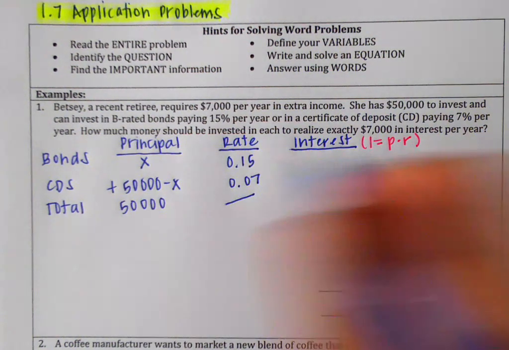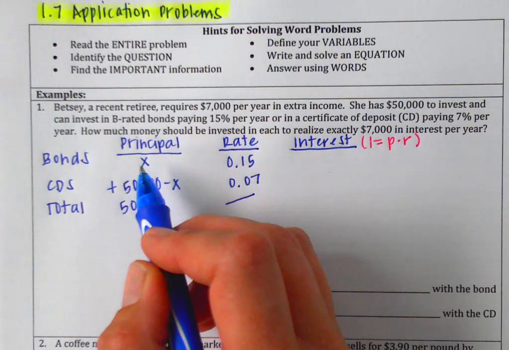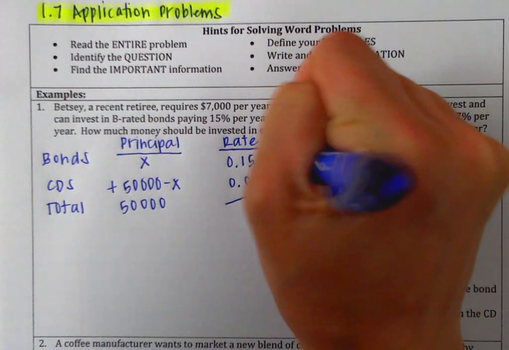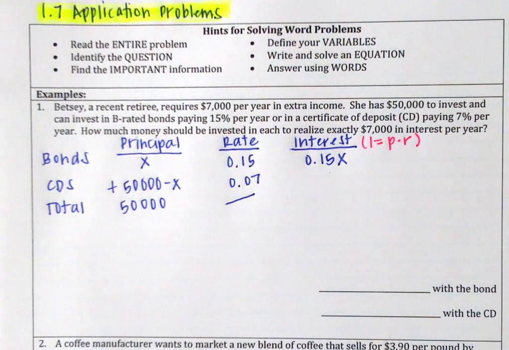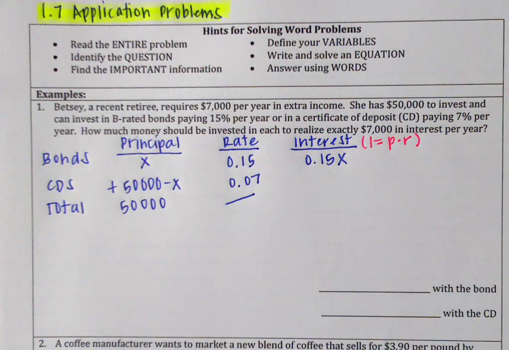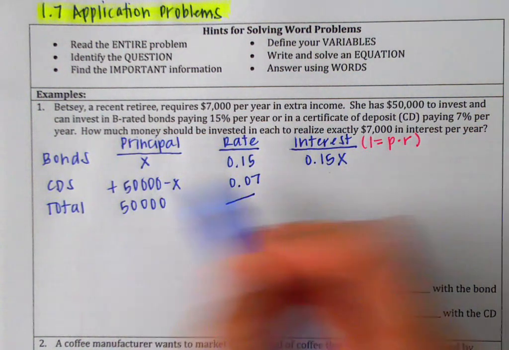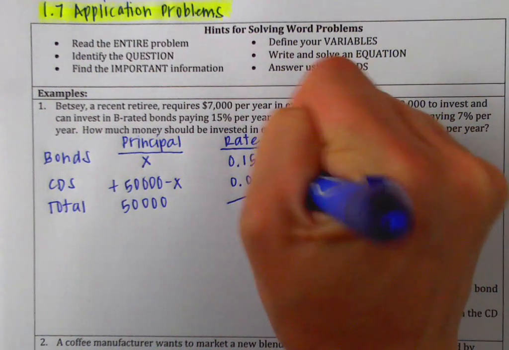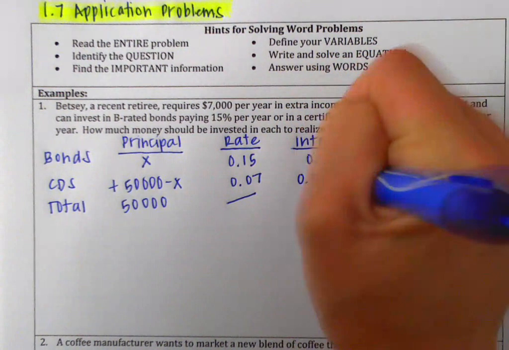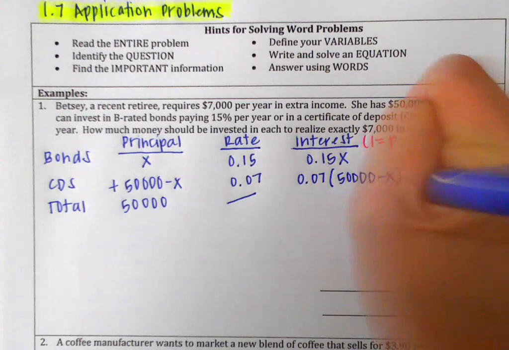So the interest here would be the principal amount times the rate, 0.15 times x. The interest here, again, would be the principal amount times the rate. Now, because it's two things, I'm going to do 0.07 times 50,000 minus x.